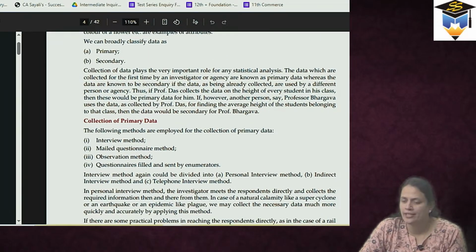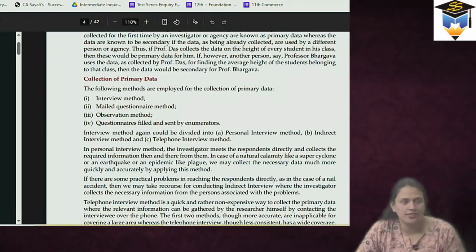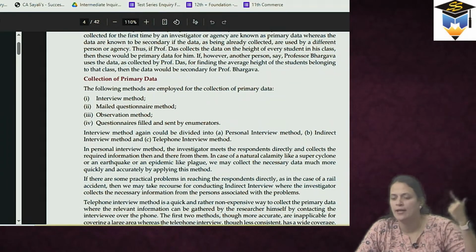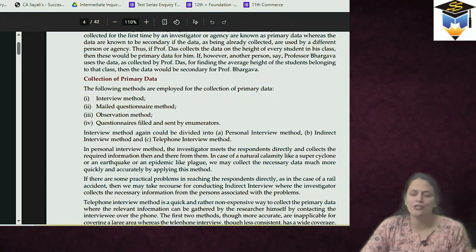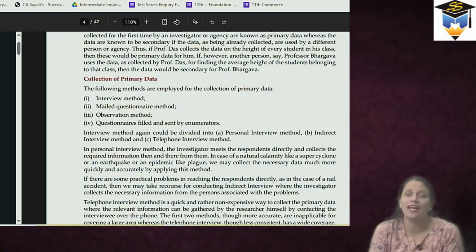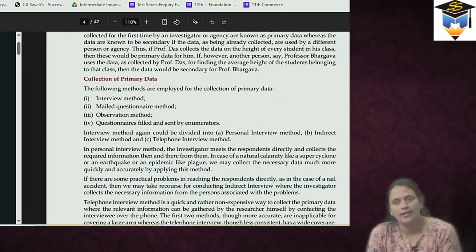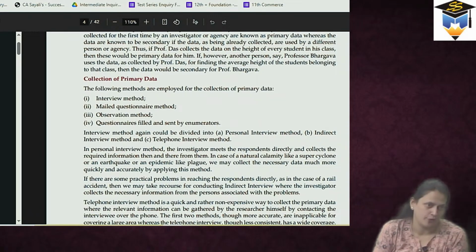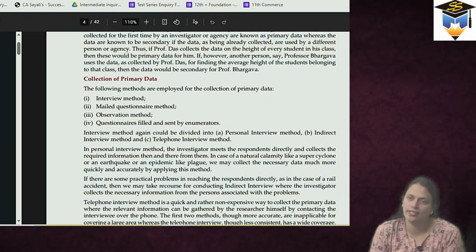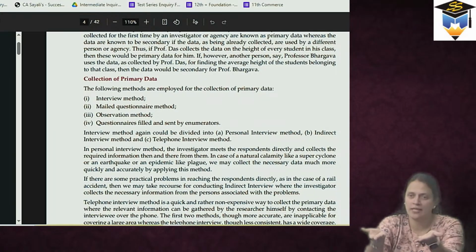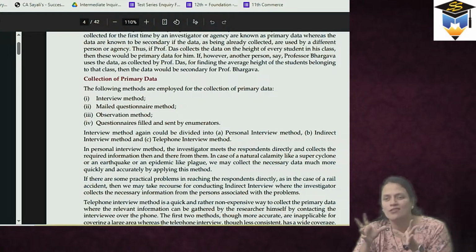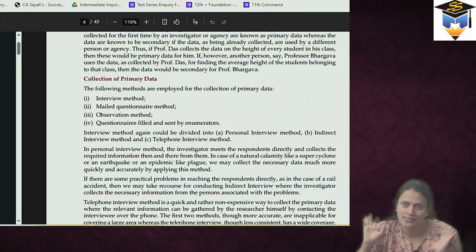Now for primary data, they have given us 4 methods. First method is interview method, mailed questionnaire method, observation method, or questionnaires filled and sent by enumerators. Okay. Now interview method again can be divided into personal interview, indirect interview, or telephonic interview. So what is personal interview? I am coming to one of my students and asking him about his socio-economic background, let's say.